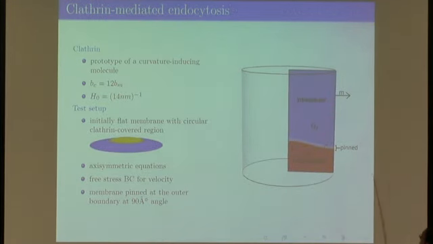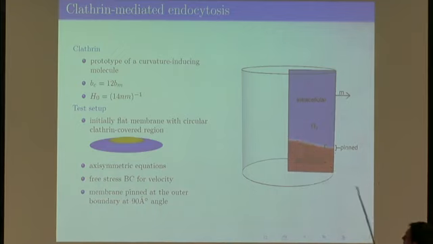We simulated this with properties of clathrin. So clathrin is one prototype of a curvature-inducing molecule, which is involved in endocytosis. So we have an axisymmetric framework where we have some intracellular and extracellular fluids and a membrane in between, and the membrane is pinned on the side, but we allow the membrane to flow into the domain, because otherwise the membrane area here could not increase.